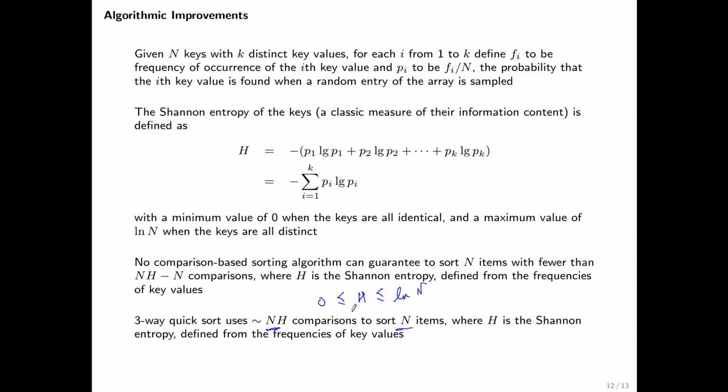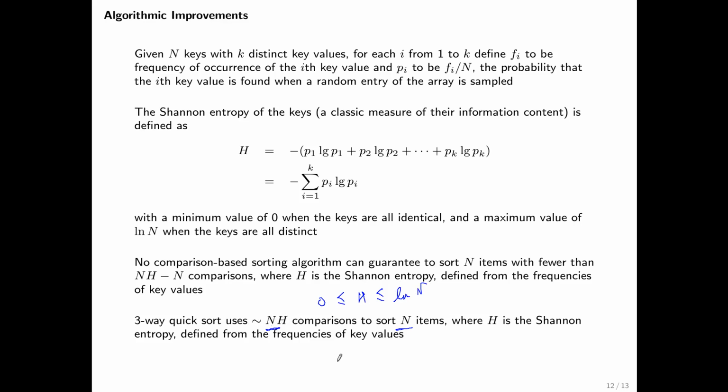right? And the other extreme is when there are very few duplicates in your array, in which case Shannon's entropy is closer to log of n, and the running time of three-way quicksort is approximately n log n.